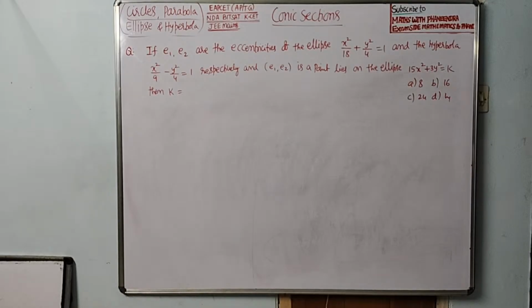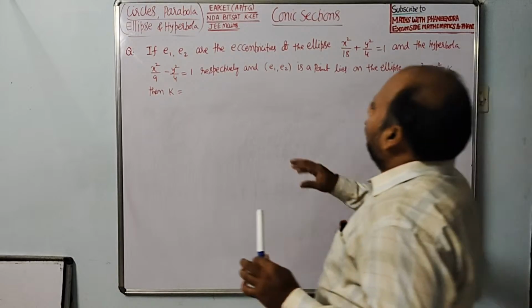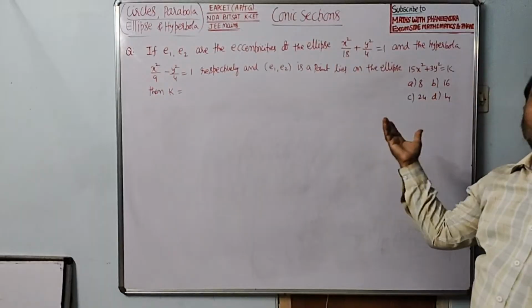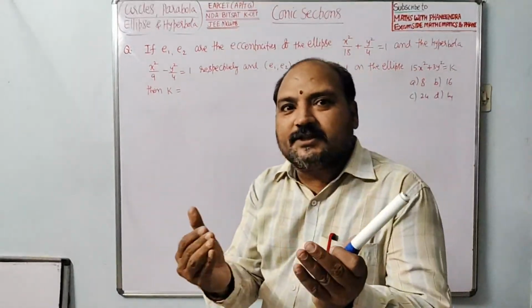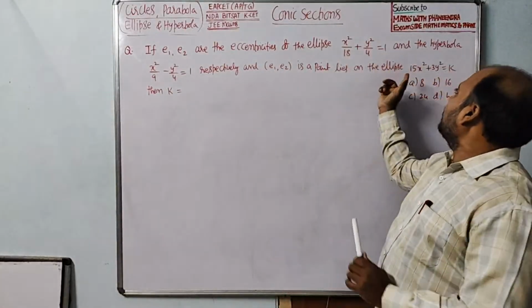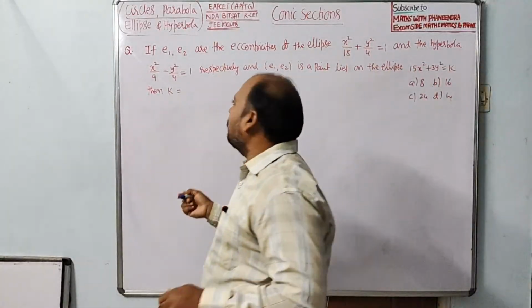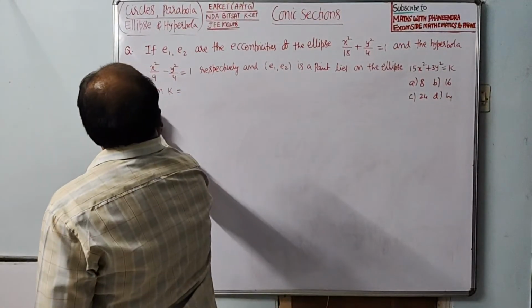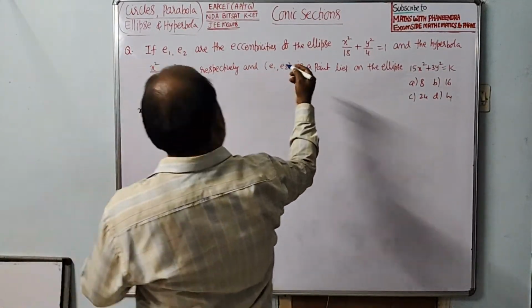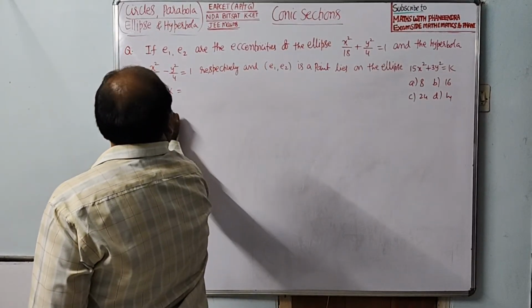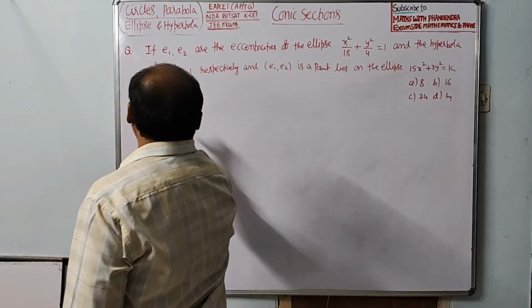This is a simple question, dear students. e1 is the eccentricity of the ellipse, e2 is the eccentricity of the hyperbola. After getting the eccentricities, make a point e1, e2 which lies on another ellipse. So wherever x comma y is there, replace with e1 comma e2. First, the given equation of ellipse: x squared by 18 plus y squared by 4 equal to 1.